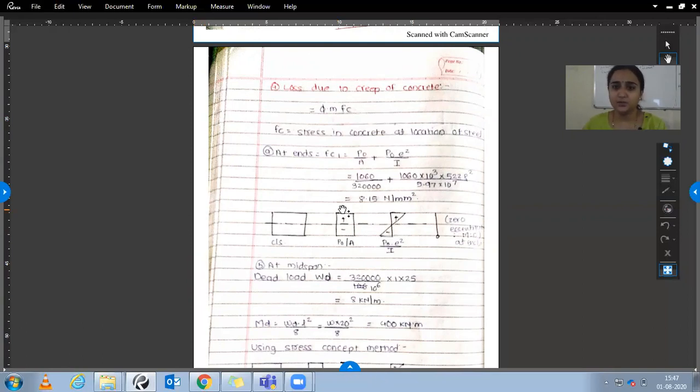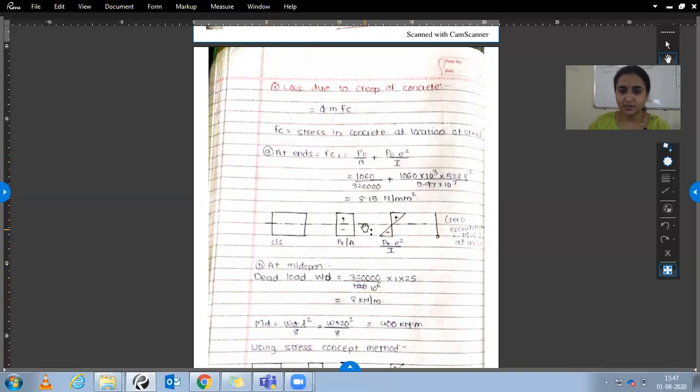So we'll find out the Fc values, the stress in the concrete at the location of steel. This is the stress distribution diagram, and we will find out the stress at the level of steel at the ends and at the midspan section also. This value is at the end and this at the midspan.